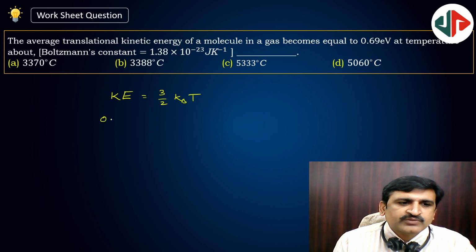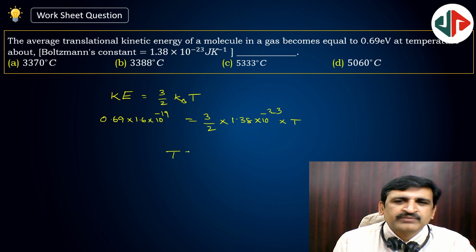This is 0.69 into 1.6 into 10 to the power of minus 19 joule, equal to 3 by 2 into Boltzmann's constant 1.38 into 10 to the power of minus 23 into temperature. On solving for temperature, I may get the Kelvin temperature.